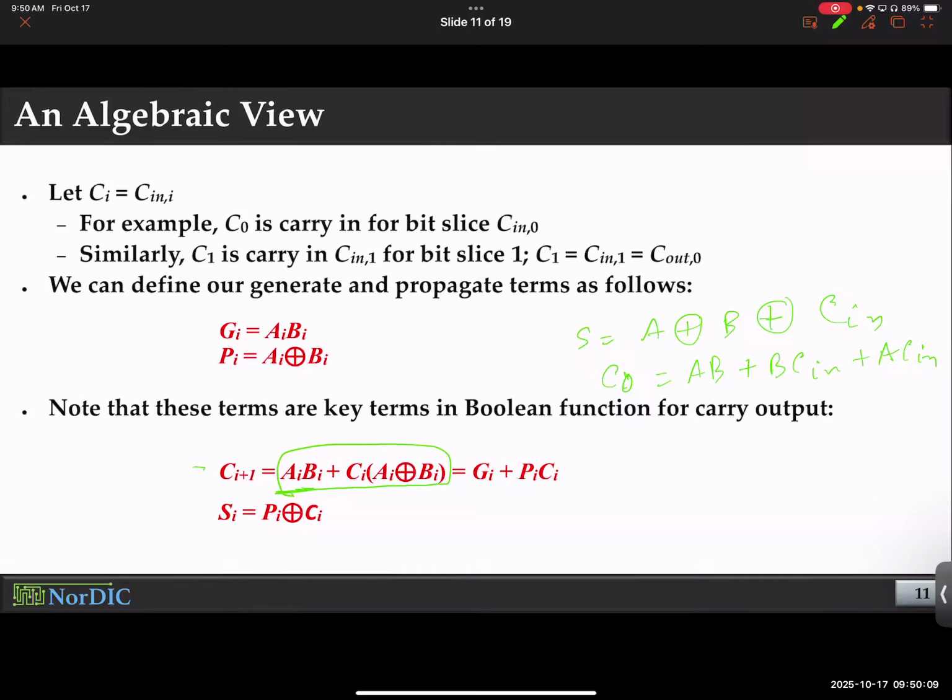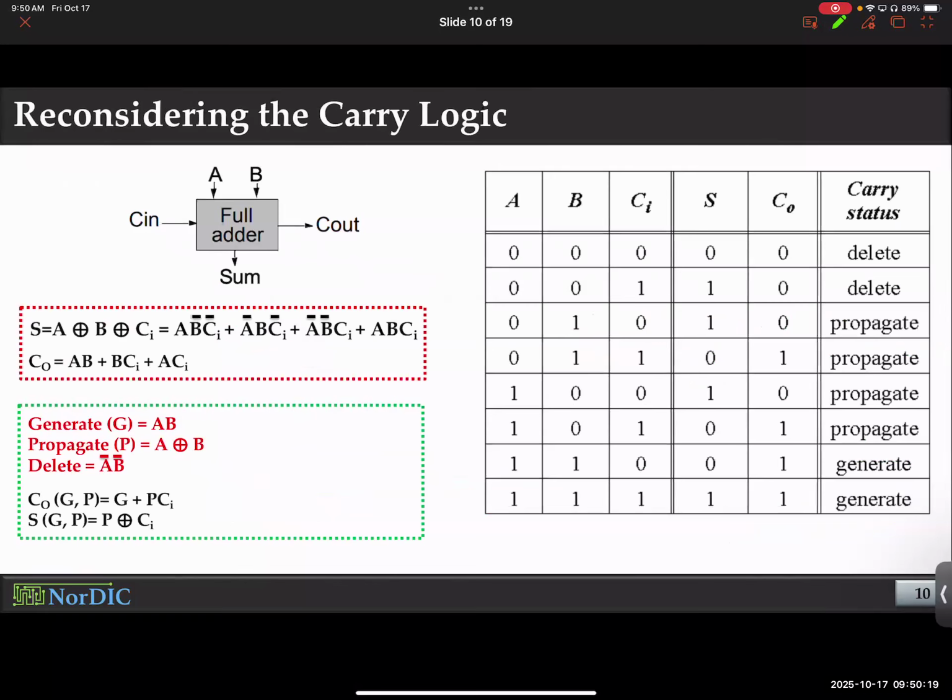So the idea is, let's define A XOR B as a signal called propagate. Why? How does it make sense? Notice, look at these 4 combinations. Still with me? Okay.